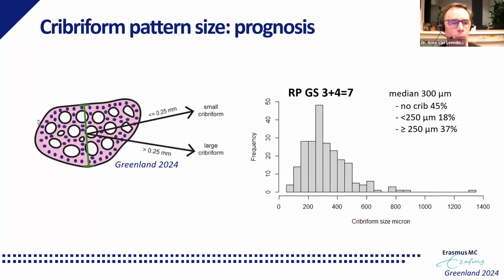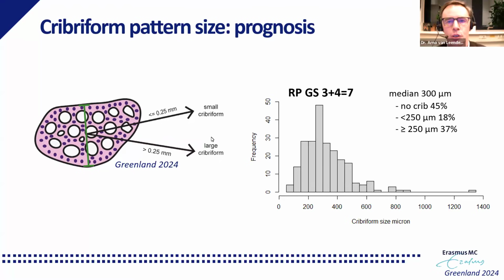When you see a cribriform area, you would measure the shortest axis, not the longest one, because that could just be tangential sectioning of a duct. You can just easily measure that. And typically they found that there is a difference whether such a smallest axis is larger or smaller than 0.25 millimeters. So that's what they would call small or large.